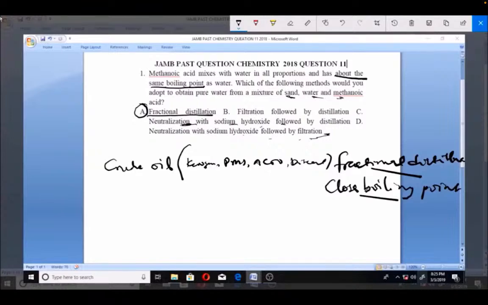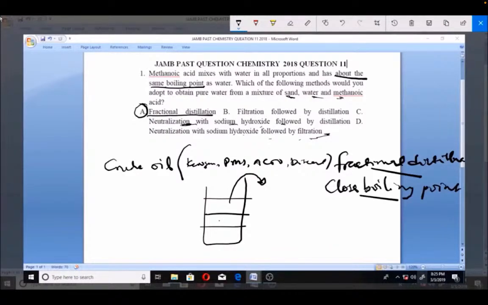So fractional distillation is what you use. If you're separating a solid from liquid, you can also use filtration for this. But fractional distillation does it because at the right temperature, the one with lesser boiling point will go out first. Let's say it is either methanoic acid or water, it goes out first.